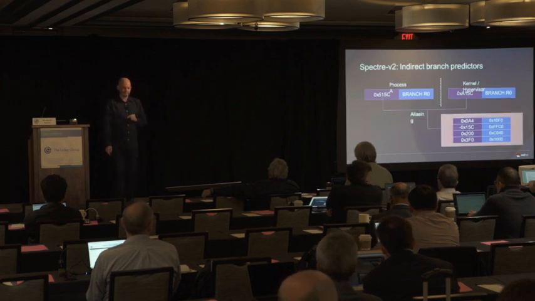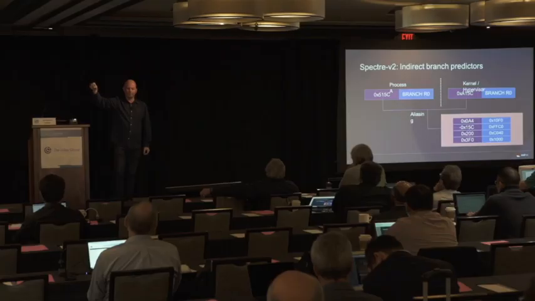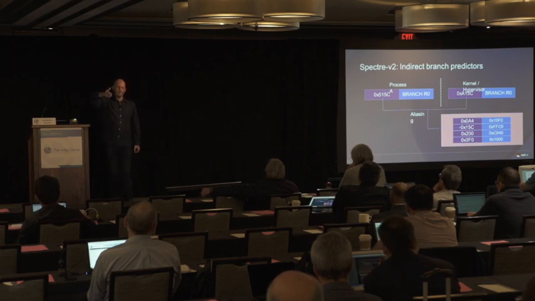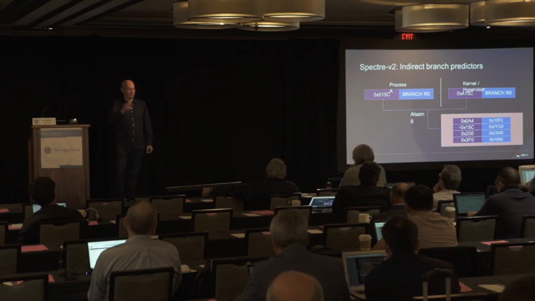The second part of Spectre affects indirect branch prediction. As I said, when we're calling a function through a function pointer, a virtual reference to a virtual method, or a reference to another function, we might try to guess where that call is going to go. If we don't use enough bits in the address to disambiguate between two different possible indirect pointers, we could effectively alias them to the same location in our predictor.